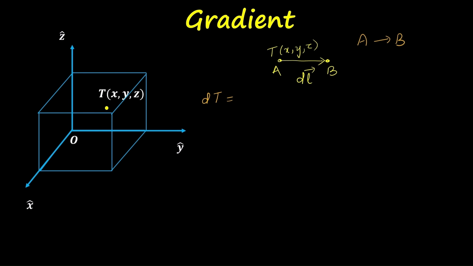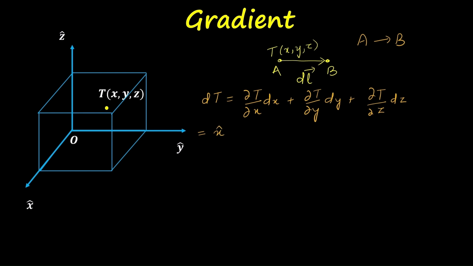The change in T due to the change in x, y, and z can be written as the partial derivative of T with respect to x times dx, plus the partial derivative of T with respect to y times dy, plus the partial derivative of T with respect to z times dz.